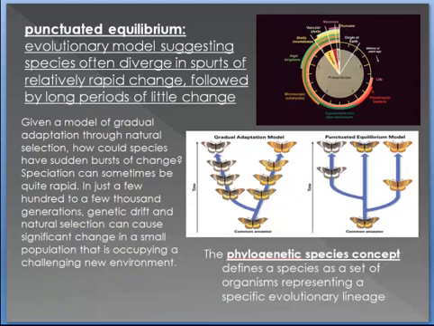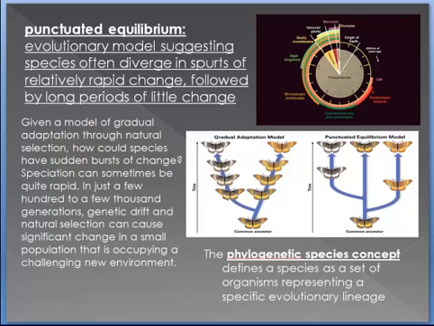And finally, punctuated equilibrium is an evolutionary model suggesting that species often diverge in spurts of relatively rapid change, followed by periods of little change. So, given a model of gradual adaptation through natural selection, how could species have sudden bursts of change?